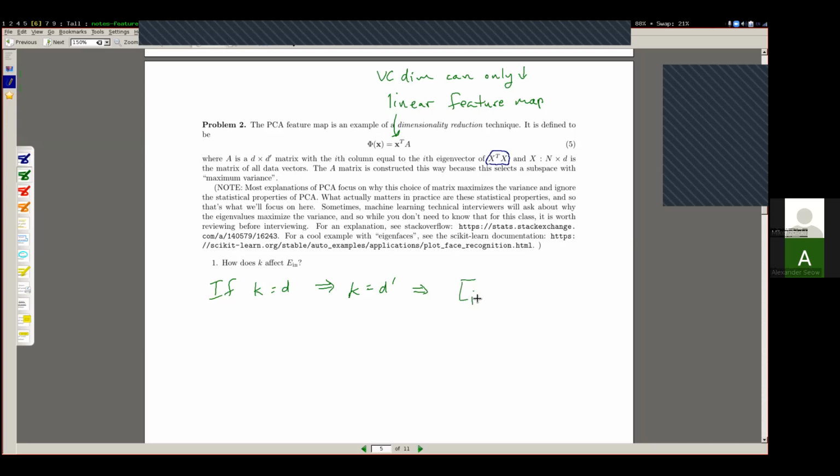And so the E_n of g_phi will be equal to the E_n of g.